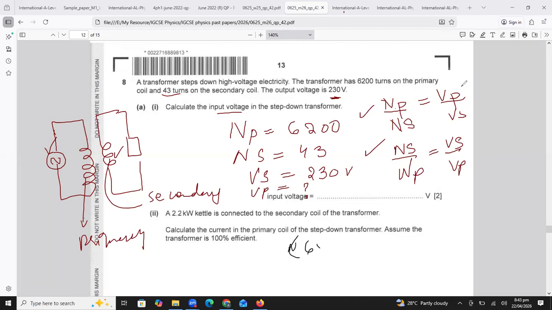NP is 6200, NS is 43, VP we have to find and VS is 230. उन दोनों को divide करें, 230 को multiply करें and what answer are we getting? 33,162.8 volt. I am repeating, 33,162.8 volt is the primary voltage.